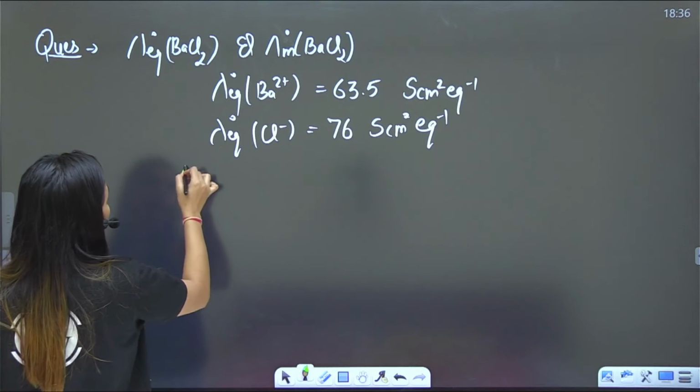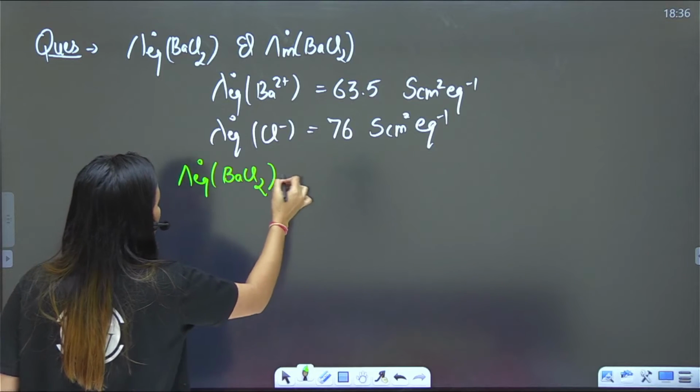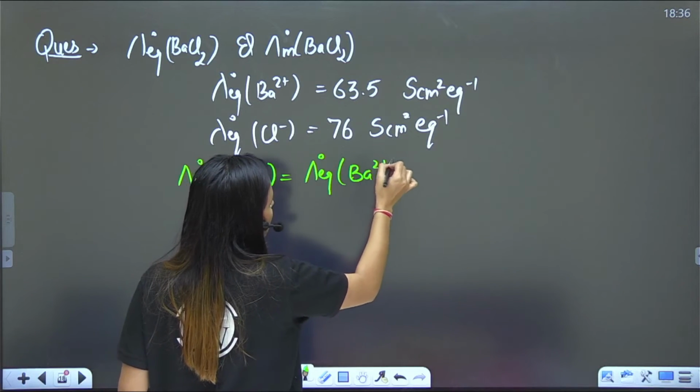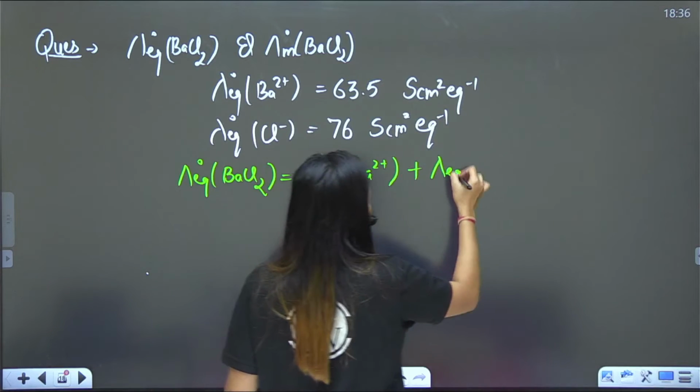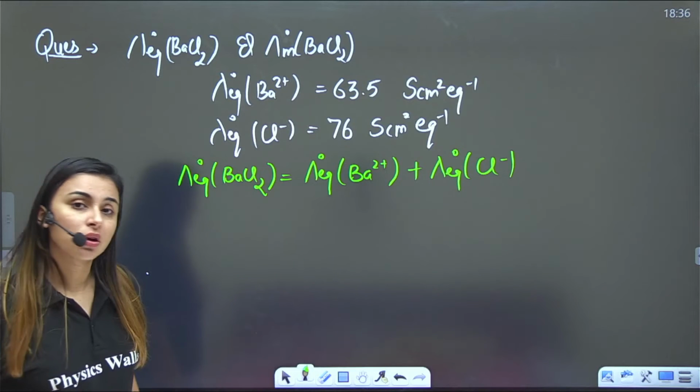Okay. So limiting equivalent conductivity of BaCl2 will be equal to limiting equivalent conductivity of Ba2+ plus limiting equivalent conductivity of Cl-. We need not multiply with the stoichiometric coefficients.